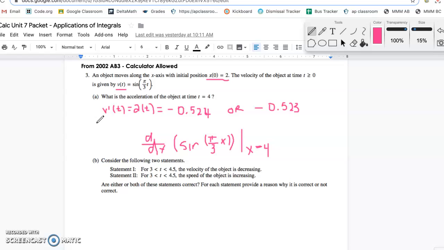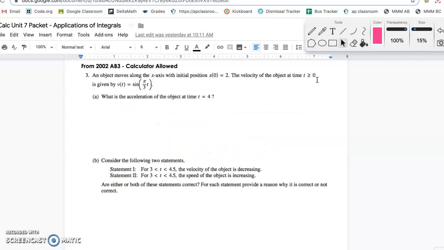But all you have to write is this, v prime of t equals a of t equals that. You do need to write v prime. I would write the a as well, but at least v prime of t equals negative 5.24, or negative 0.524. So moving on to the next one.